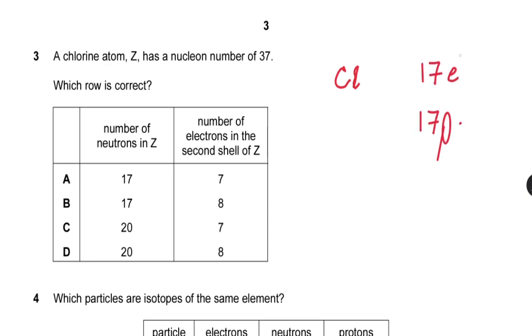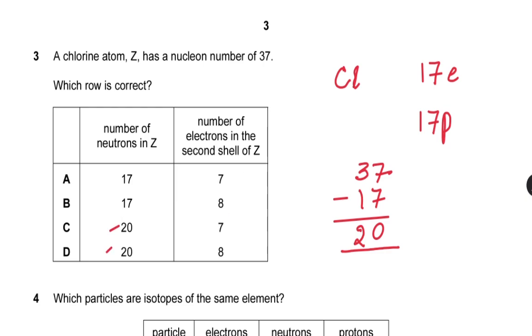What is the number of neutrons in Z? If we subtract 37 minus 17, the answer will be 20. So 20 is our correct option.